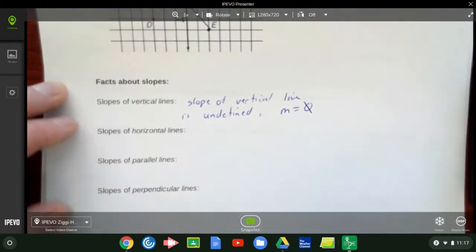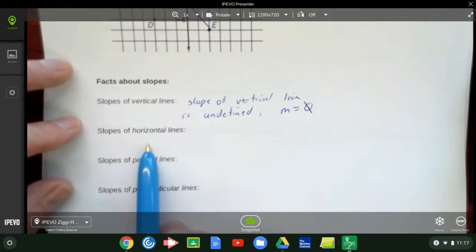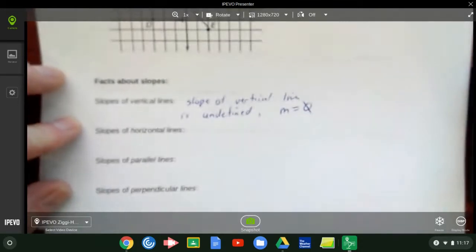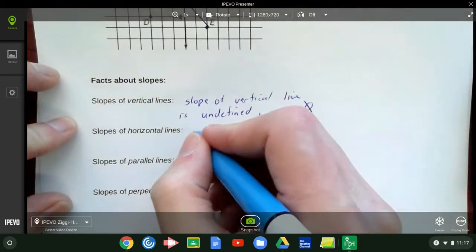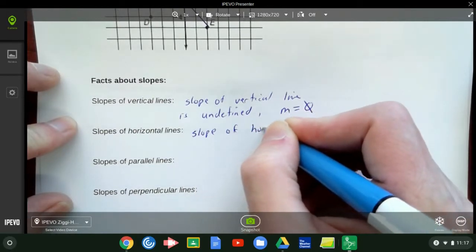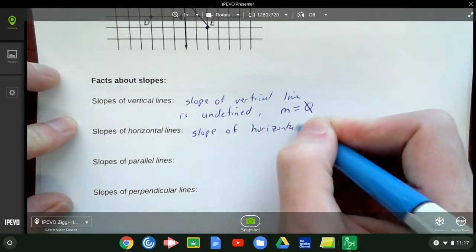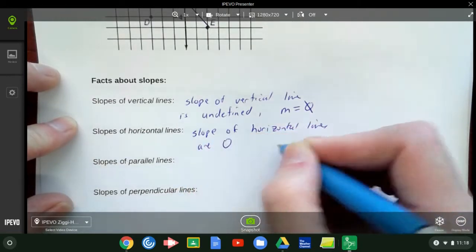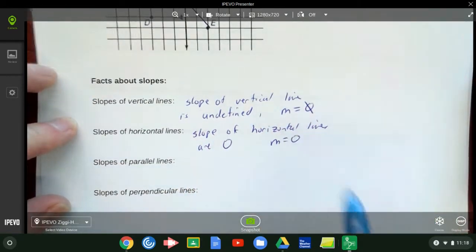We don't have a slope for vertical lines. Tell me what you know about slopes of horizontal lines. Focus a little bit. Slopes of horizontal lines are 0. So M equals 0.